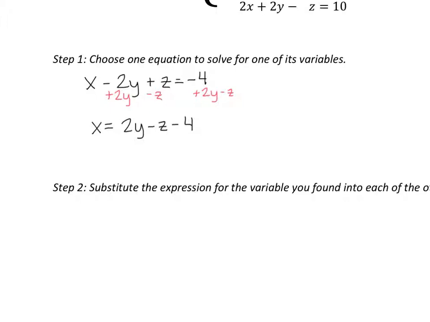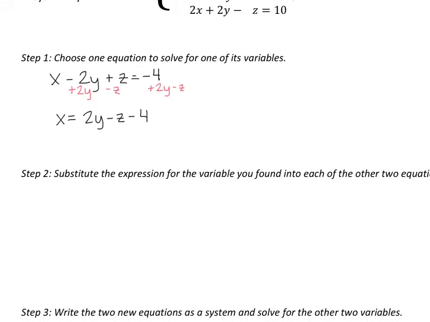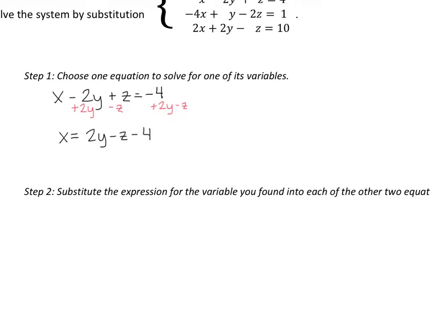Alright, now what it says below is substitute the expression for the variable you found, so that's all this, for x, into each of the other two equations. So for the second equation, instead of writing -4 times x, we'll write -4 times 2y minus z minus 4, and then we'll finish it out.